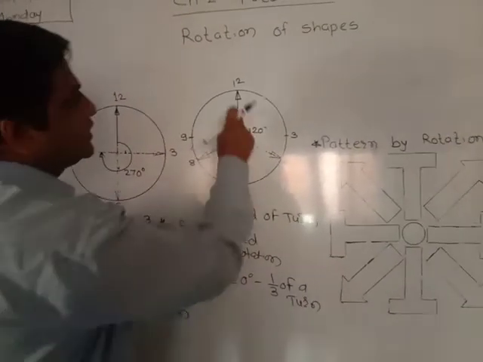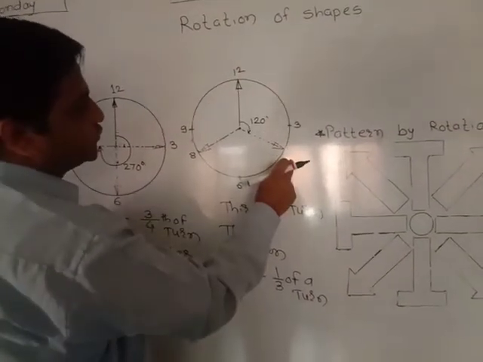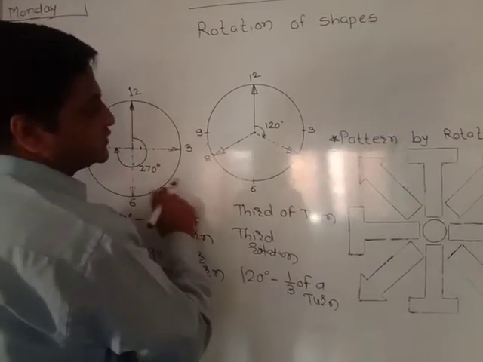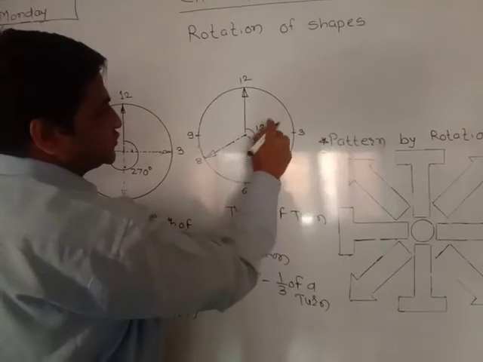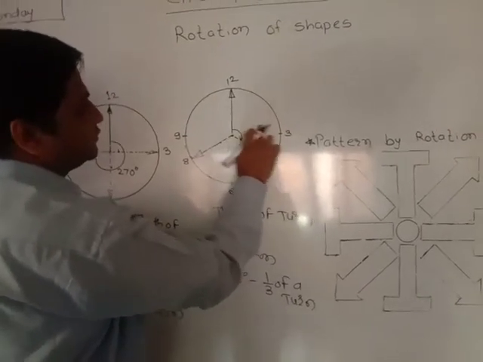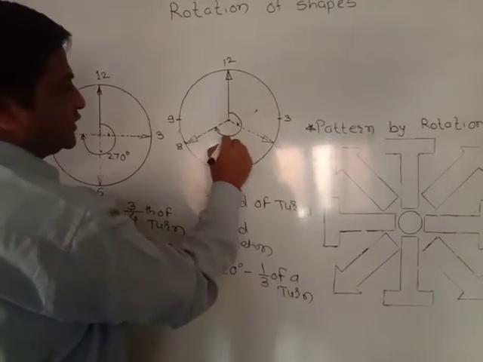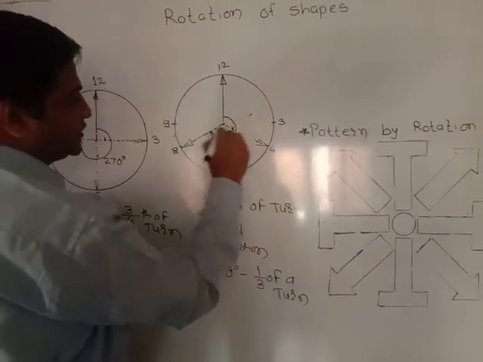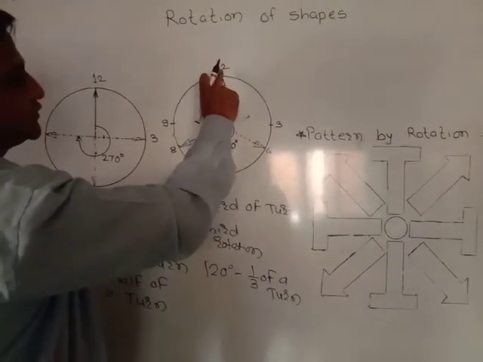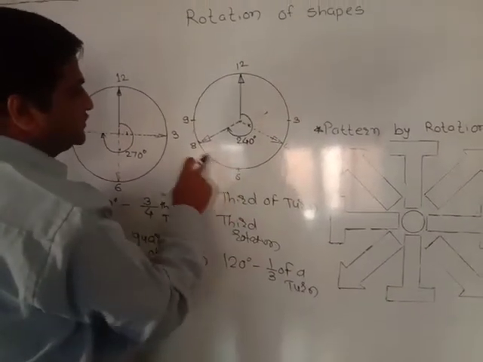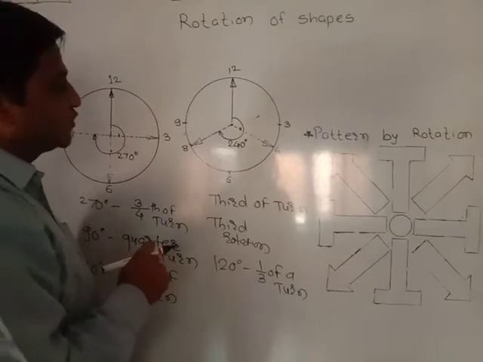The rotation from 12 to 4 is 120 degrees, and from 4 to 8 is the same amount of rotation. So this total rotation will be 240 degrees, and it will be in the clockwise direction.